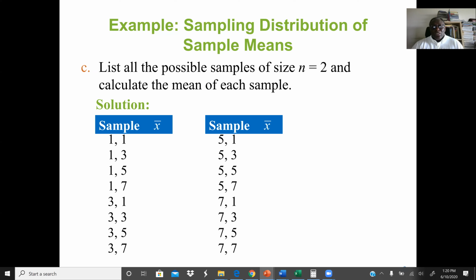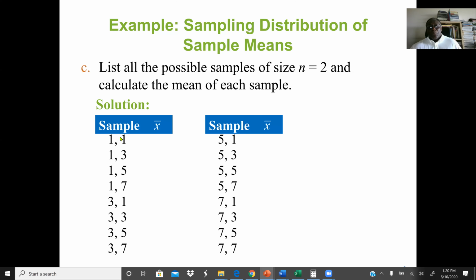Then we go to 3,1, 3,3, 3,5, 3,7. Then we go to 5,1, 5,3, 5,5, 5,7. Then we go to 7, because it's 4 values: 1, 3, 5, 7. So we take each digit and combine it with the rest of the digits. Take a second digit, combine. That will be our total, and it should be 16.